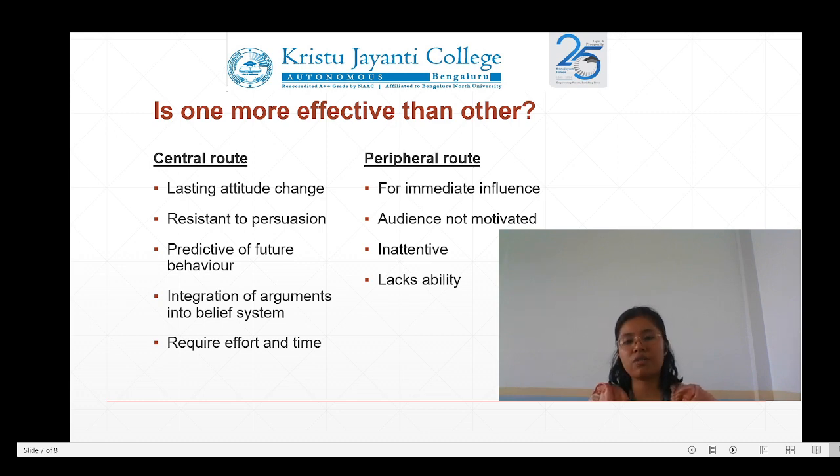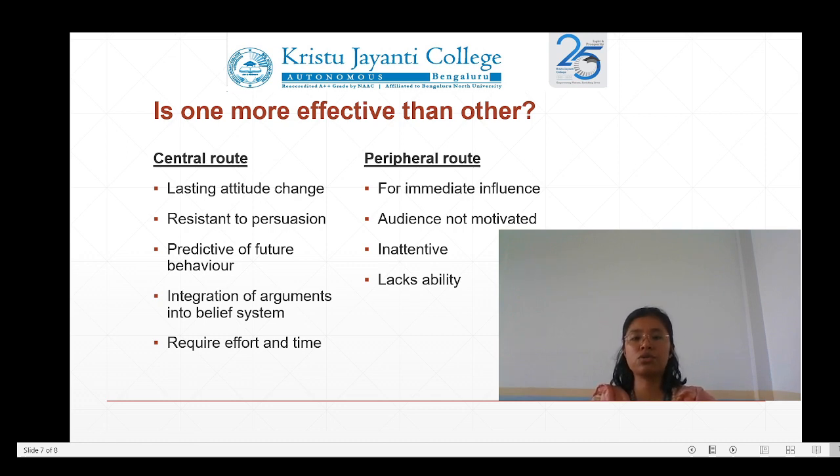Then this change of attitude is more predictive of the way you conduct or behave yourself in the future. One thing you need to take into consideration is that the central route requires effort and time. So when you are in a hurry, that's the time you don't use the central route or approach to persuasion.